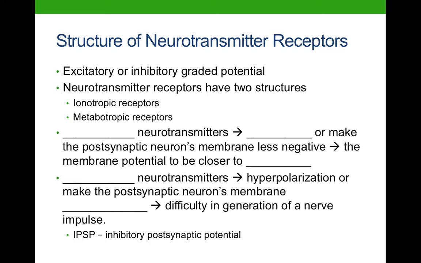An inhibitory neurotransmitter hyperpolarizes the membrane of the postsynaptic neuron, making the inside more negative and generation of a nerve impulse more difficult. A hyperpolarizing postsynaptic potential is inhibitory and therefore termed an inhibitory postsynaptic potential, or IPSP.